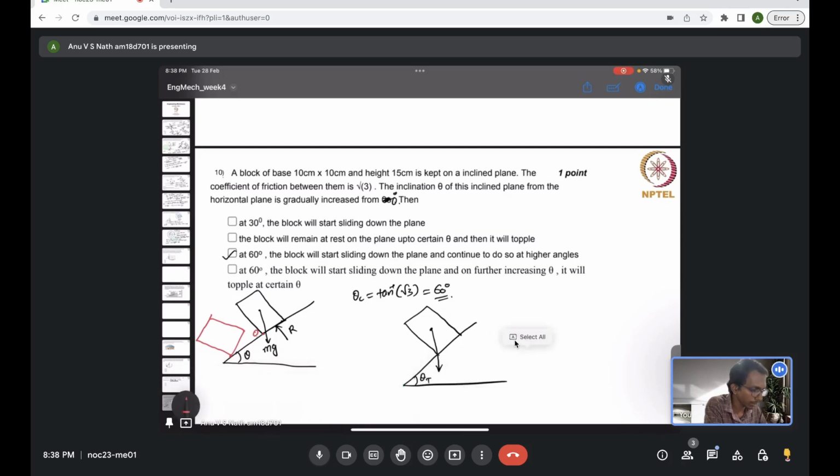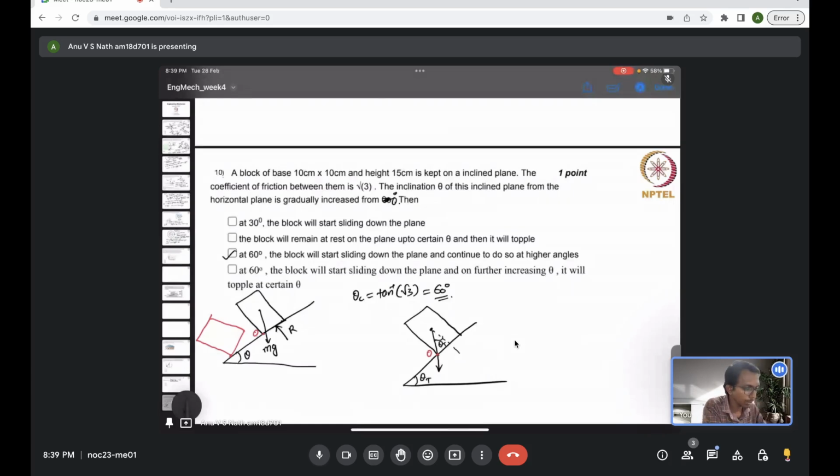This is the pivoting point about which it tries to topple. So this angle is also theta topple. This is the condition, a critical moment. Beyond this value, it will try to topple.